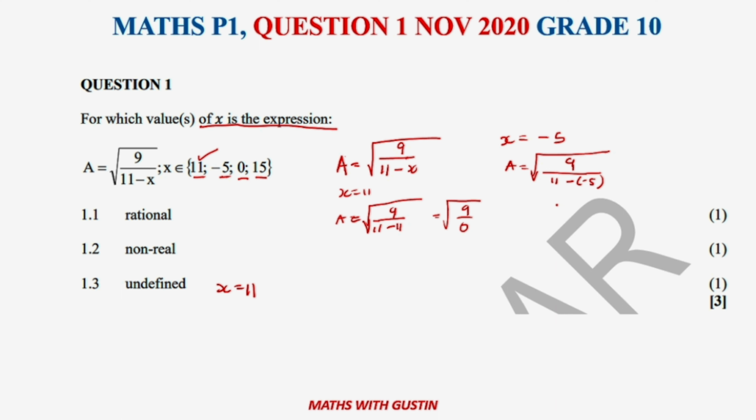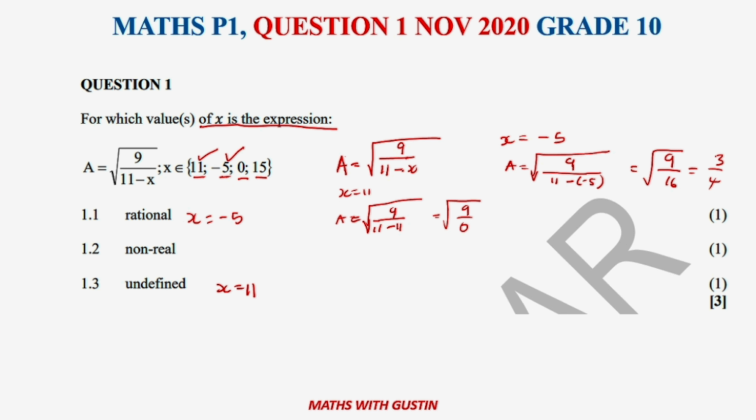Therefore if you were to put this in your calculator, let's go ahead and put this in our calculator, it is going to give us the square root of 9 all over 16, which is therefore going to be 3 all over 4. All right, 3 over 4. What is 3 over 4? 3 over 4 is a rational number, so therefore it means x is equals to minus 5. We just answered number 1. There you go. So we're done with 5.